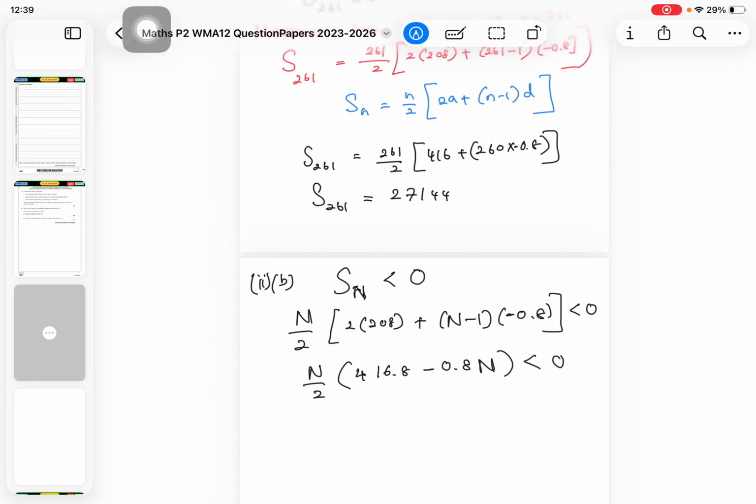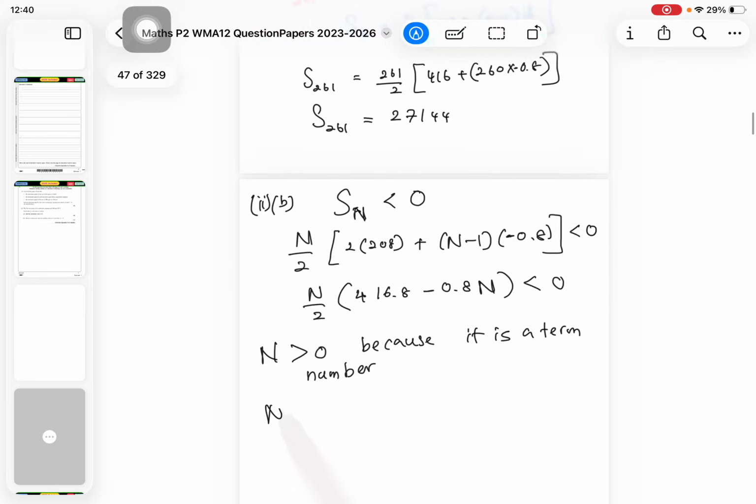So what we're going to do is, we know n is going to be a positive value because n is a term number. So obviously n divided by 2 will also be positive.